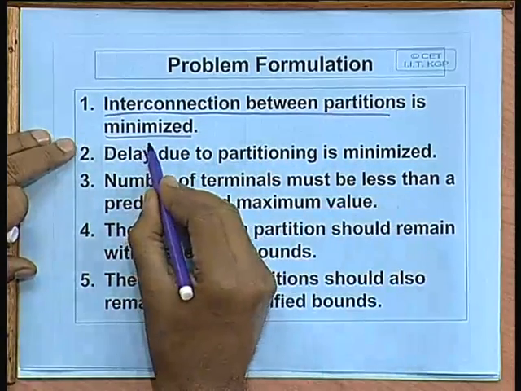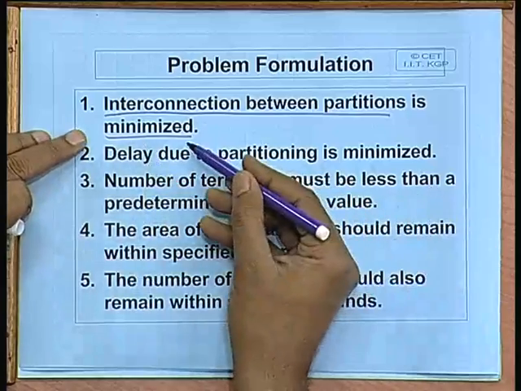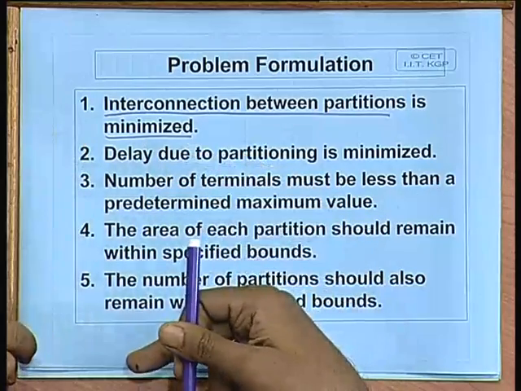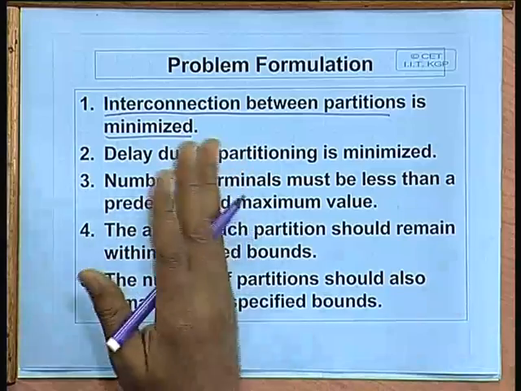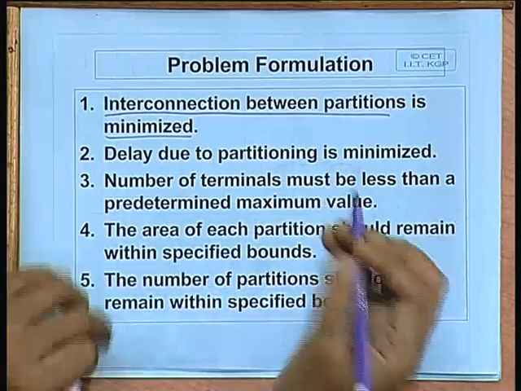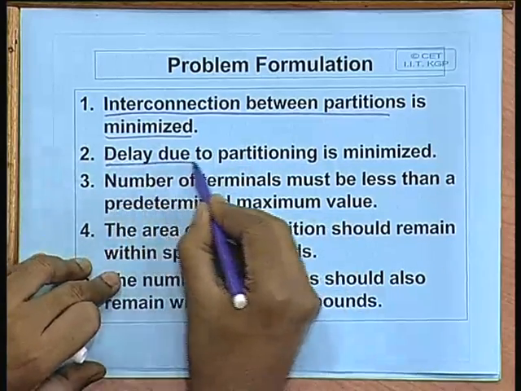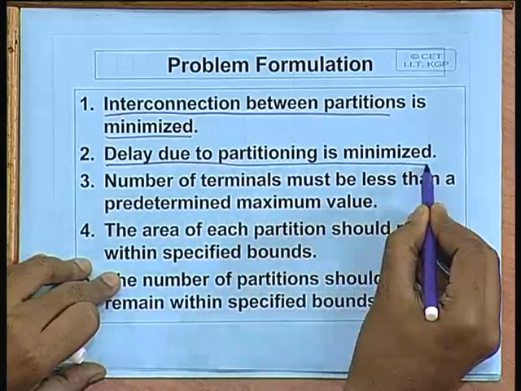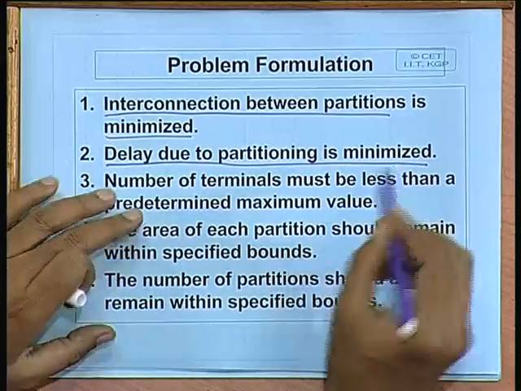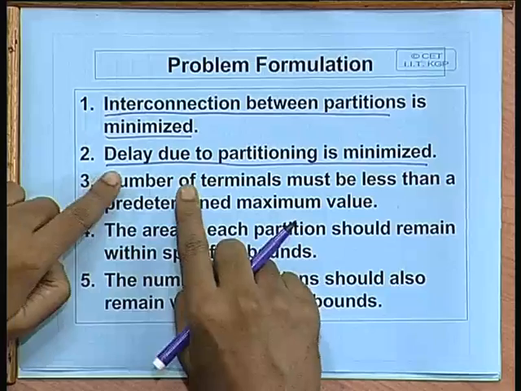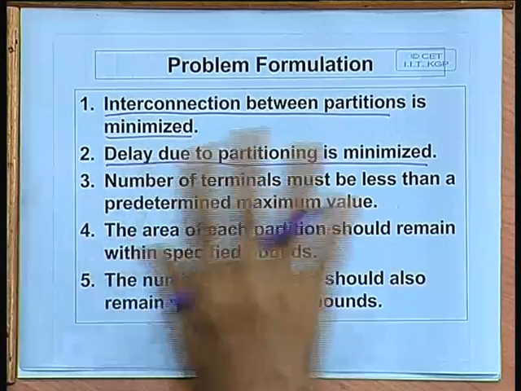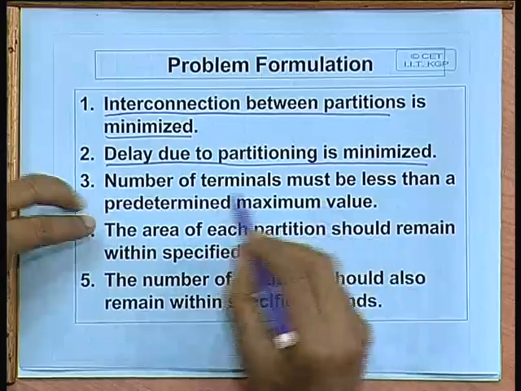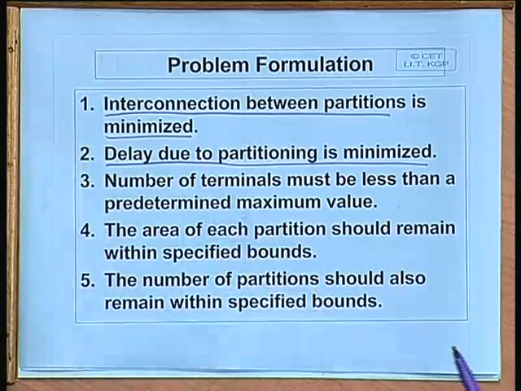Now this can also involve the costs which I have just mentioned, whether the partitions are getting mapped into the same chip or same board or whatever. So this is captured in the second point, the delay is minimized. If you are looking at the same level of hierarchy, delay does not make any sense, but if there are several levels of hierarchy like chip, board and system, then this delay makes sense.